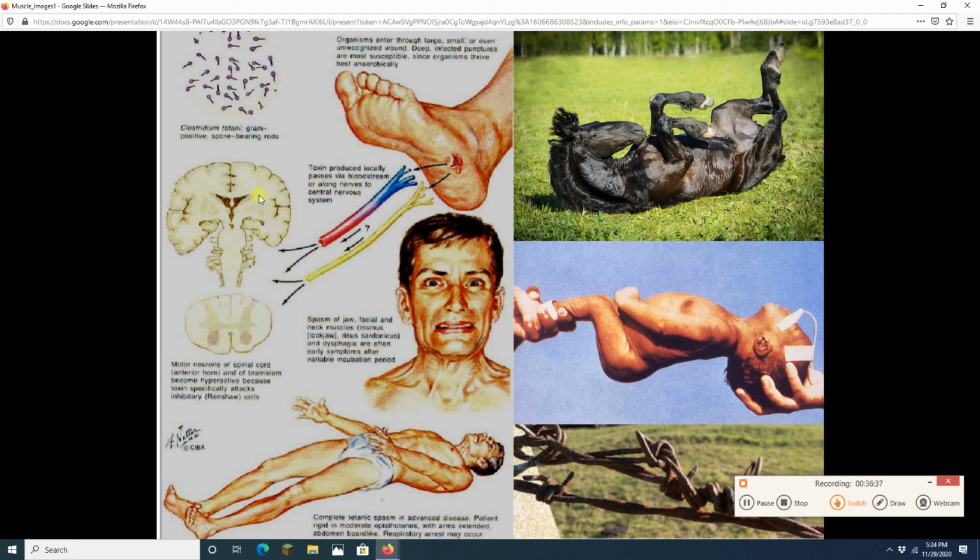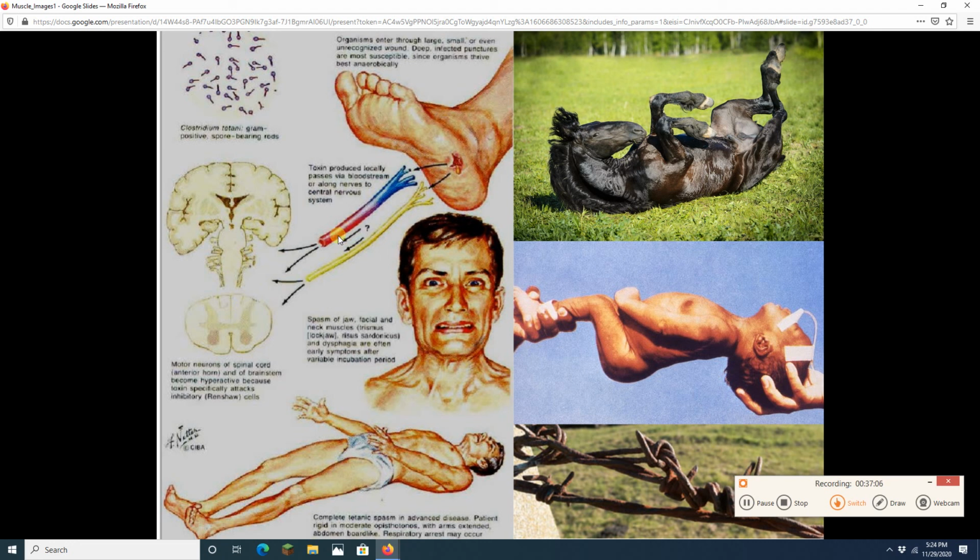This bacterium, you can often find classically on a rusty nail or rusty barbed wire. And so if you cut yourself on this barbed wire, you can get this bacterium to go into that wound. The bacterium is going to eventually get to your spinal cord and brainstem by way of neurons and your bloodstream.